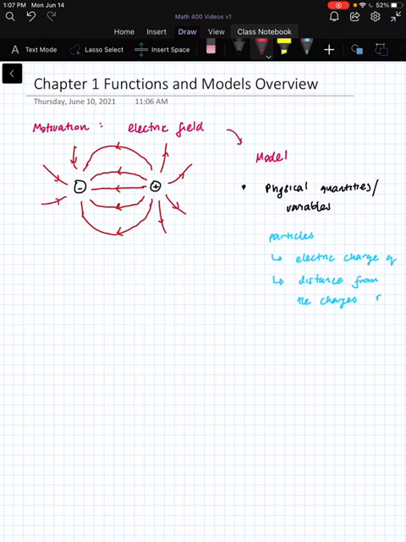So this is a visual representation of that relationship, but fundamentally the relationship actually is that the electric field, which is denoted with a capital E, as a function of distance from the charge itself, is represented using this equation.